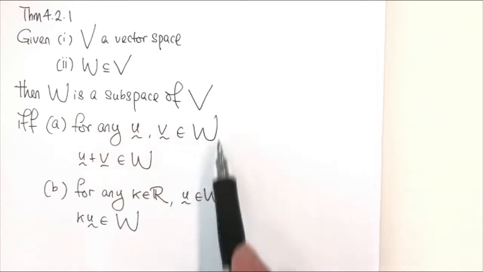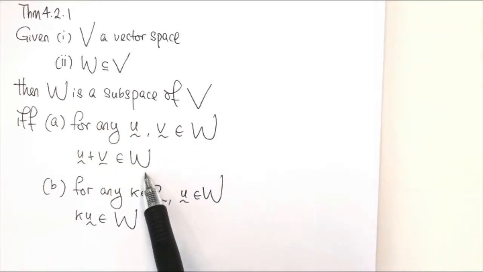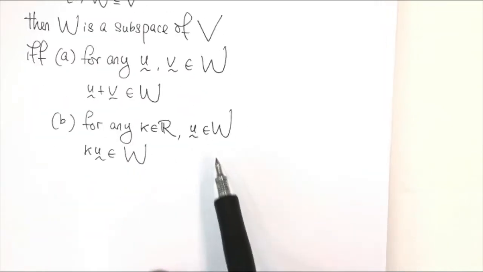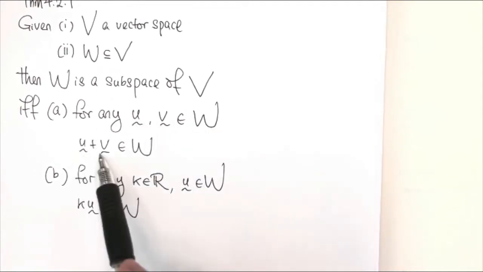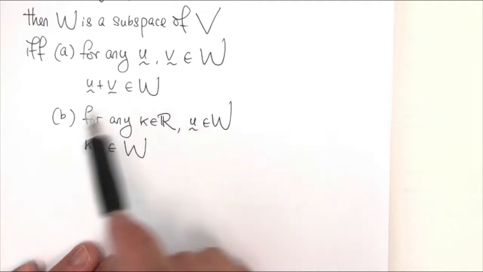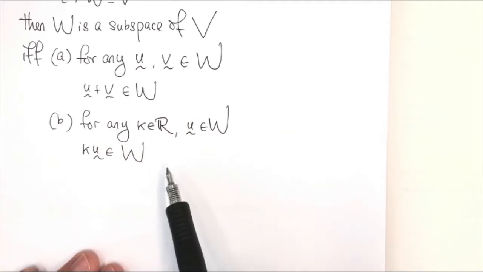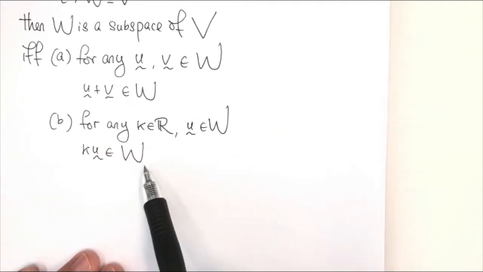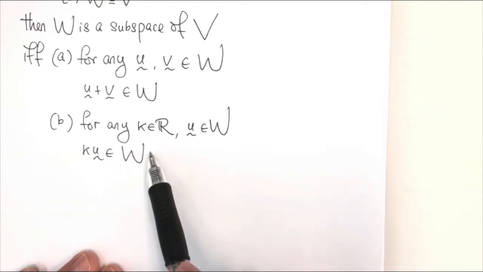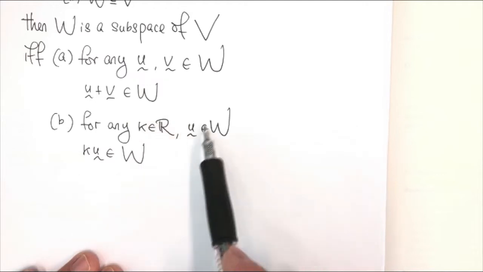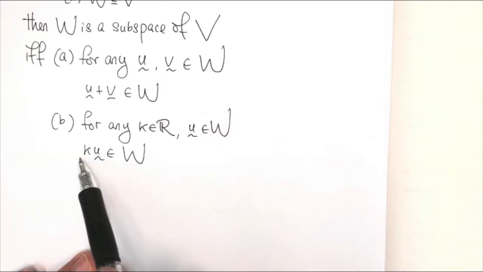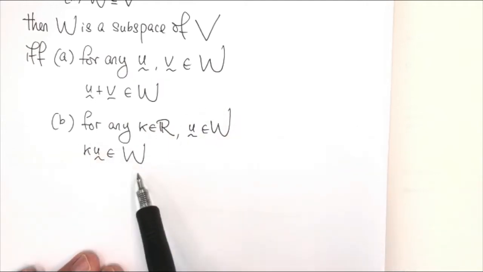This property here says that W is closed under addition, which means that for any u, v in this set, their addition is also in this set. This other property is known as closed under scalar multiplication. So W is closed under scalar multiplication means that for any real number and for any element in W, the scalar multiplication will still be in W.